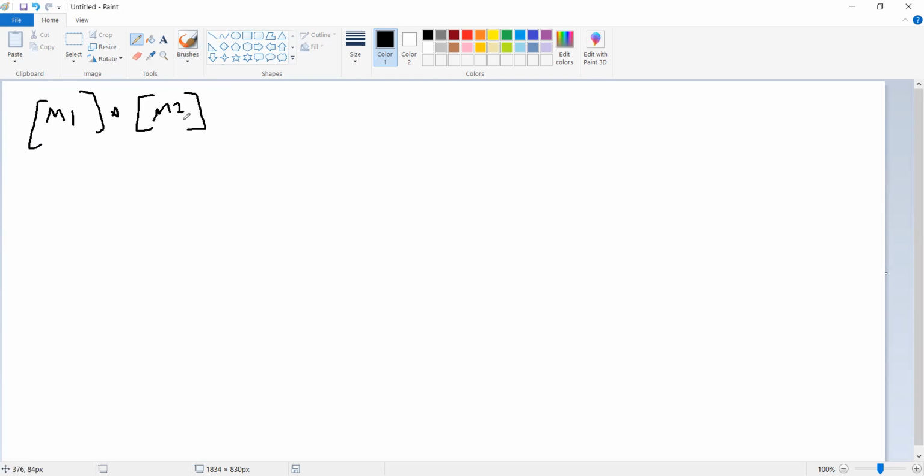You know m1 into m2 is not the same as m2 into m1 in matrices. So order is important. First point.